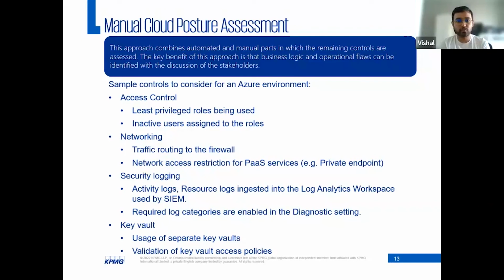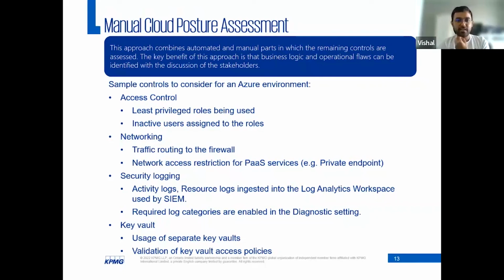So using those least privilege roles will reduce what a particular role can do, and reduce the blast or attack surface. The second point is around inactive users assigned to the roles. There may be instances where a particular role has inactive users, and the users may have been there during the migration or during the implementation phase.